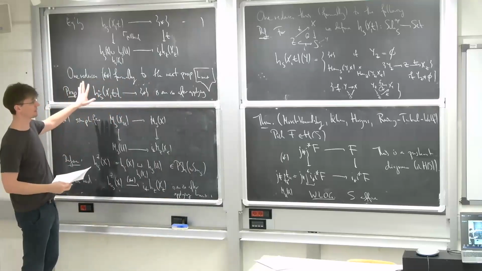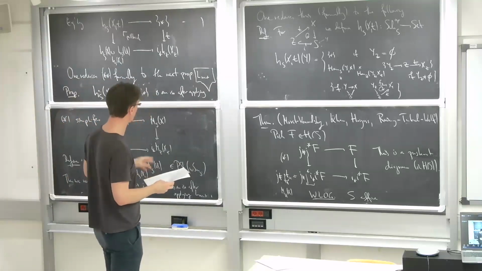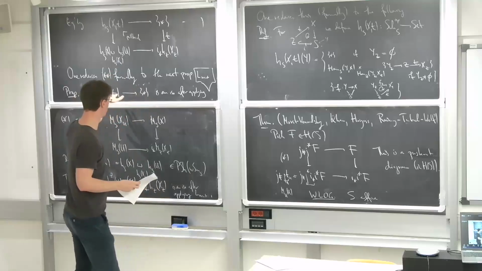So I'm skipping over some details, but I assure you these are the formal, boring nonsense, and now that is something that we will have to really give an argument for.